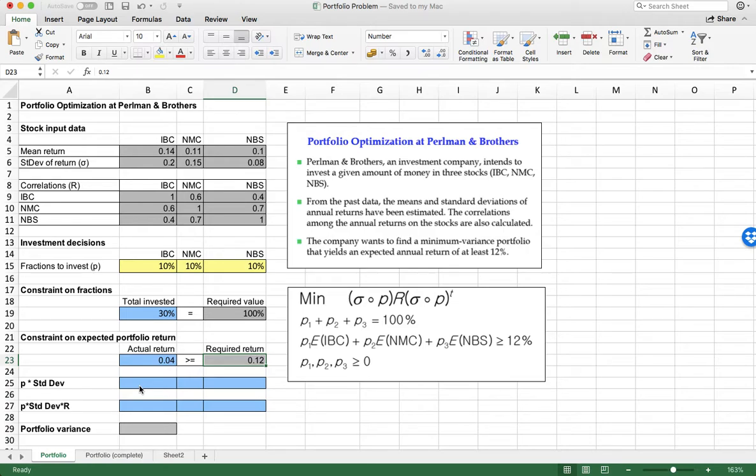The next array is kind of an intermediate step before we compute the variance of the portfolio.